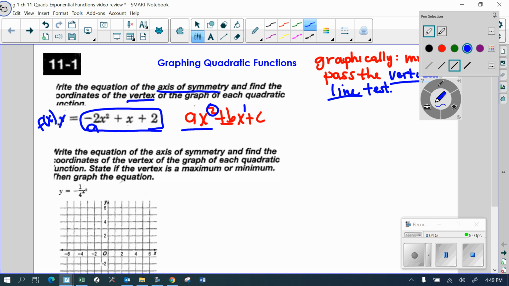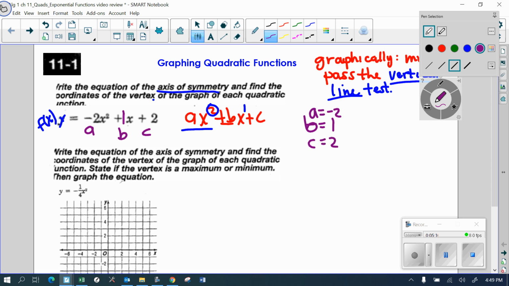All right, so I'm plugging in. There's my a. Now let's change the color here so it stands out more. Go purple. There's my a. My b is the one there, and my c is the constant 2. So I'm doing negative b over 2a. If we want to write it out, b equals 1, a equals negative 2, and c equals positive 2. So negative b over 2a, fill it in: negative 1 over 2 times negative 2, which is negative 4, and that changes to 1/4.